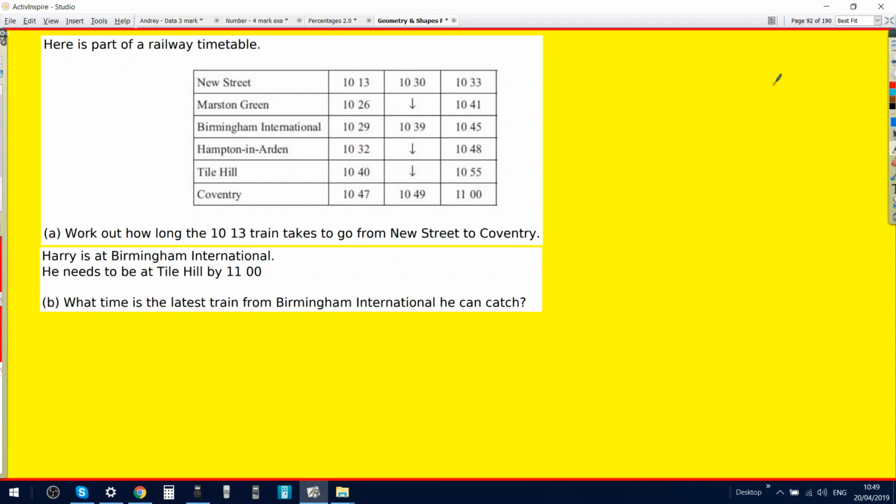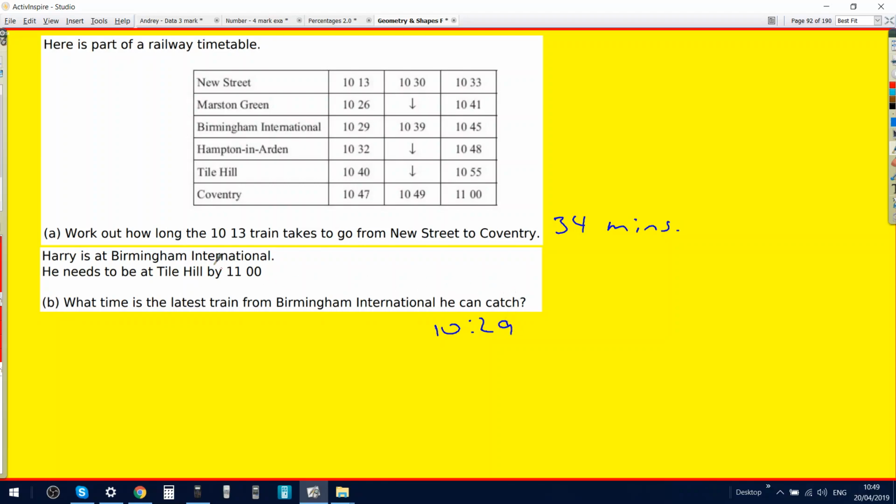Sorry, how did you get on for this one? So A, I think is 34 minutes. Okay, and B. What time is the latest train from Birmingham International he can catch? And he needs to get there before 11. 10:29.